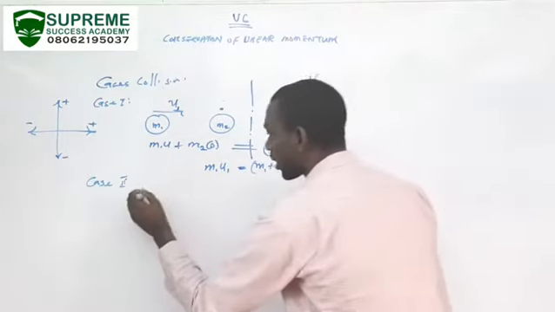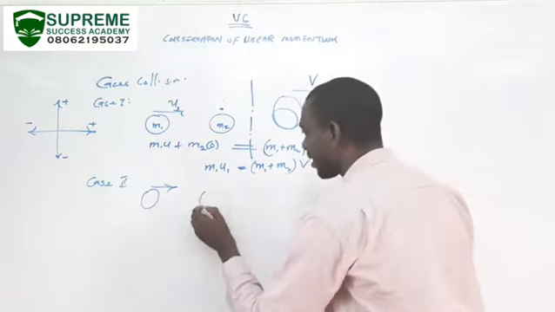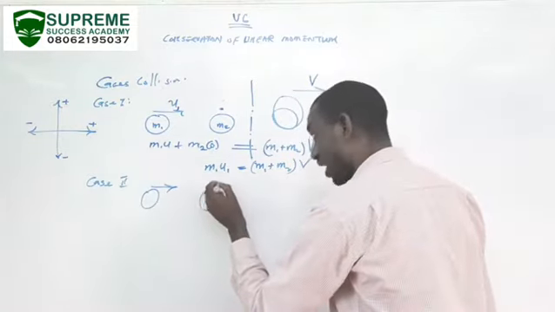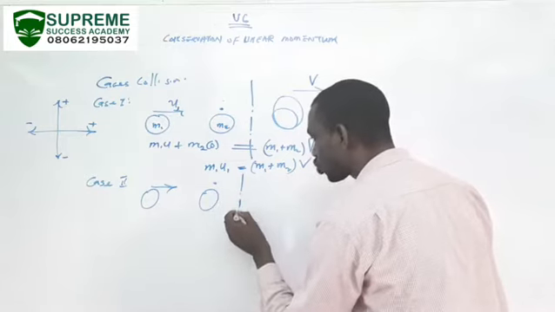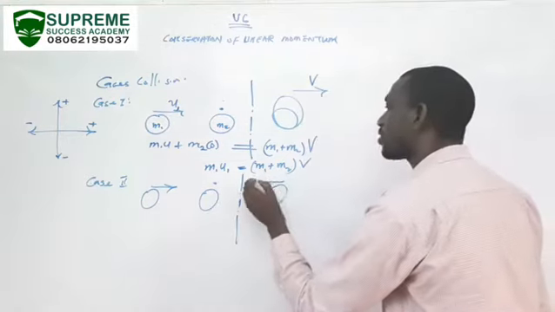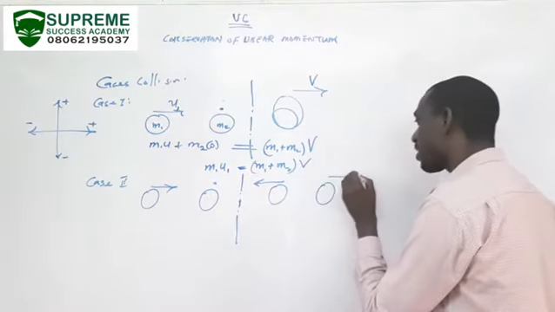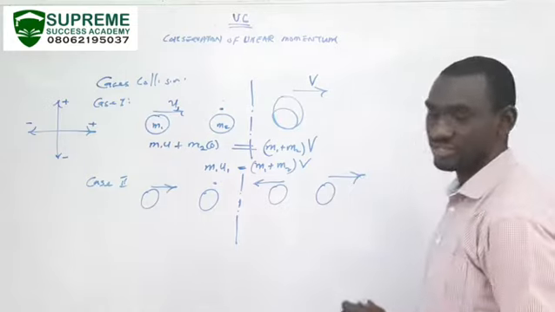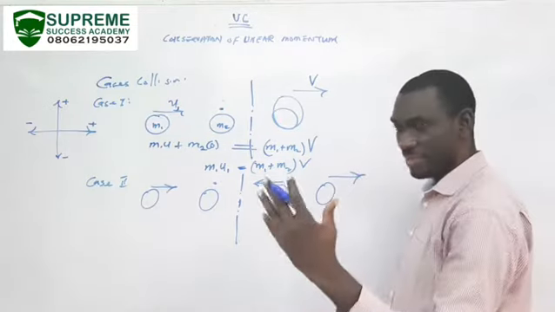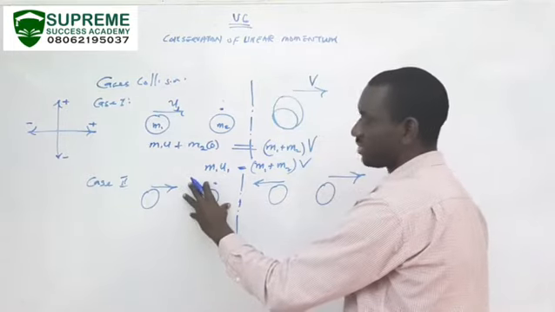Let's consider an object that collides against another, stationary object. After collision, one returns back to where it is coming from, and the other moves in this direction. Let me take it again. An object collides against a stationary object.